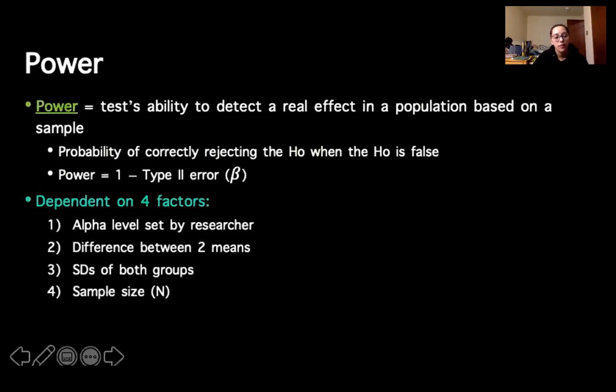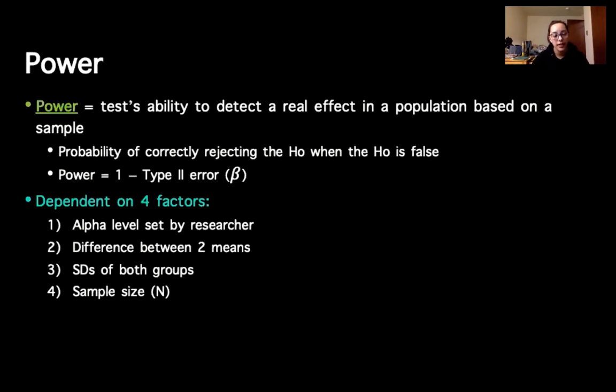Okay, so there are 4 factors that kind of affect power. That's the alpha level set by the researcher, because remember I told you guys there's a trade-off between alpha and beta, right? If you increase your allowed type 1 error, alpha error, you decrease type 2 error because you can only make 1 error at a time, okay?